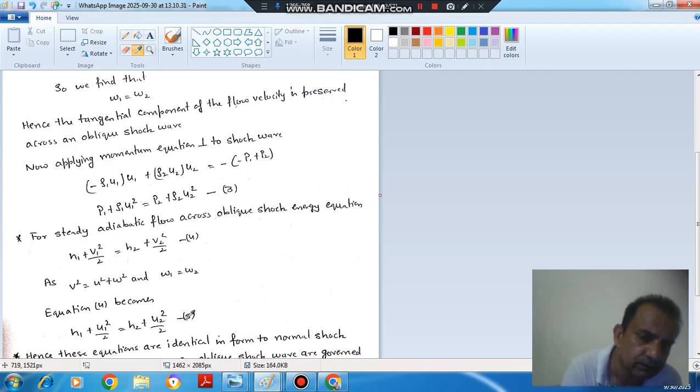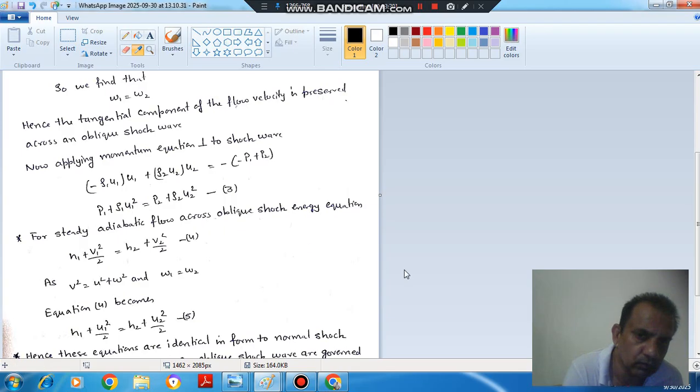Now we have three basic equations, that is energy, momentum and continuity. All these equations are similar to the normal shock relations, except one change: in normal shock we take the absolute velocity, that is V, but here we are taking the normal component of velocity, that is u1. So that is the difference.